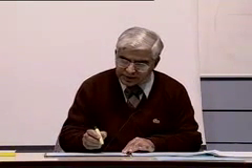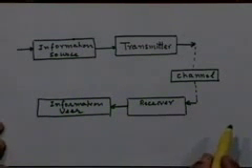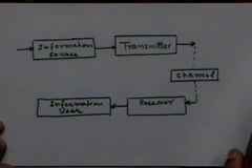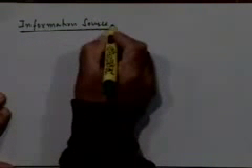Now what I'd like to do is spend a little more time on each of these blocks, so that you get a better feel for each of these aspects of communication engineering. Let me first start talking about the information source. There can be many kinds of sources of information.